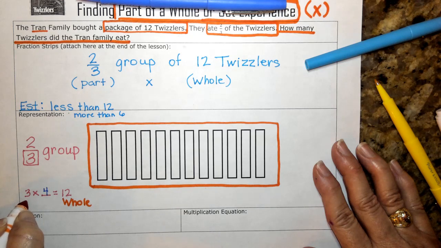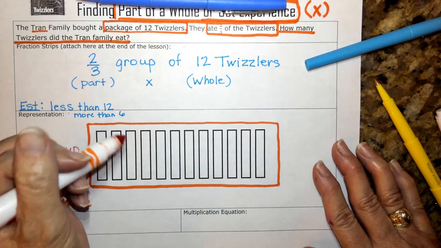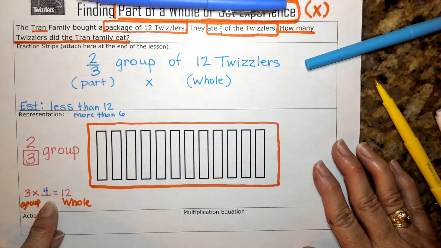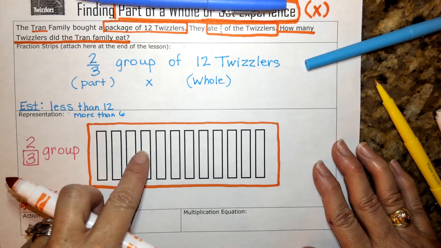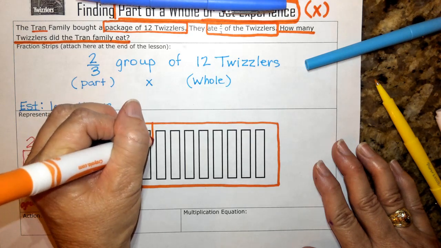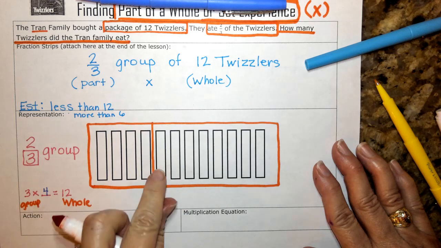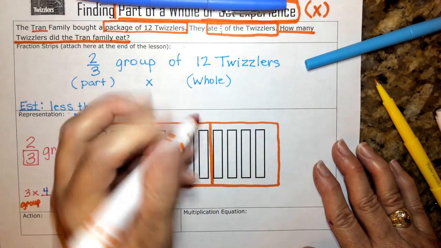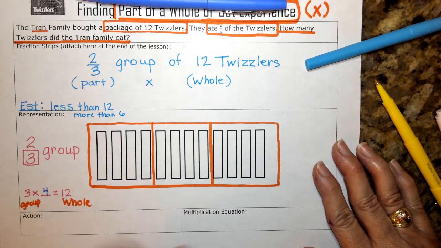I want 3 groups. So I'm going to get 3 groups, and 4 will be in each group. So 1, 2, 3, 4 will be a group. 1, 2, 3, 4 will be a group. And 1, 2, 3, 4 will be a group.